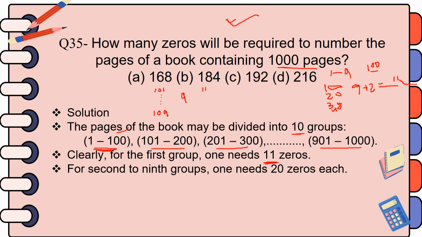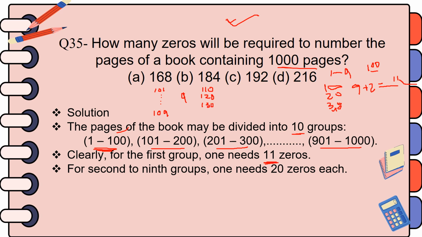Then 110, 120, because from 110 up to 119 there is no zero. So you go directly to 120. Again, from 121 to 129, there is no zero. The next number which includes zero is 130.